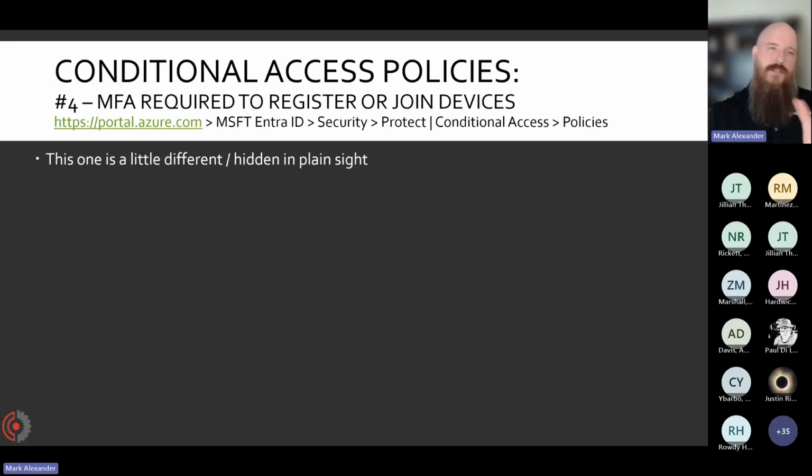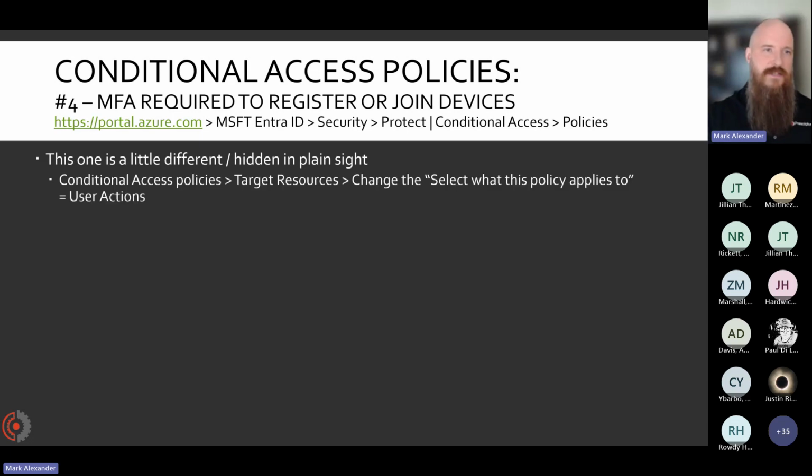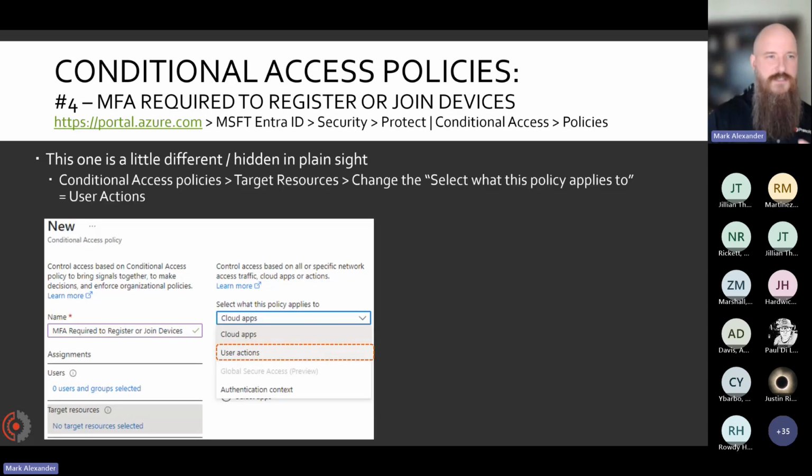Now, this one's a little tricky. I like to say, again, it's hidden in plain sight. You have to go right on the left, target resources. You have to click there and you have to change it from cloud apps to user actions. So when you do that, that's where it will show the register or join devices.